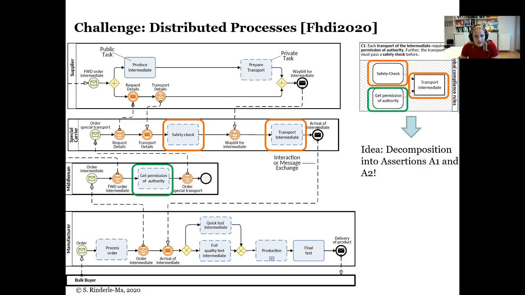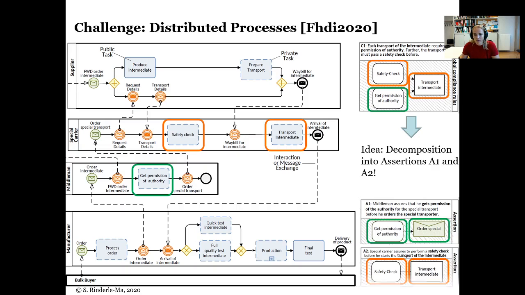Lately we came up with an idea where we showed a decomposition algorithm that decomposes such global compliance rules into assertions. These assertions in turn can be checked locally by the partners. We presented this at the EDOC conference, and I think it is a first step to really dig into the area of how to support compliance in distributed processes in a comprehensive way.